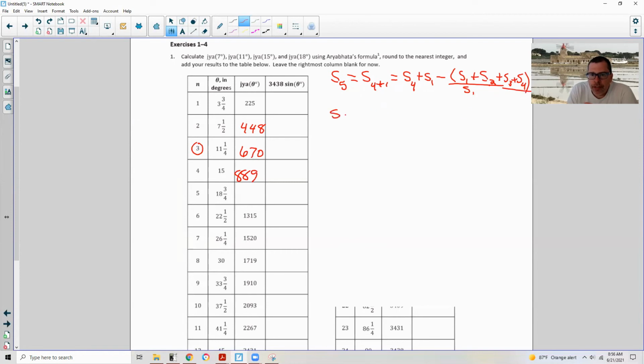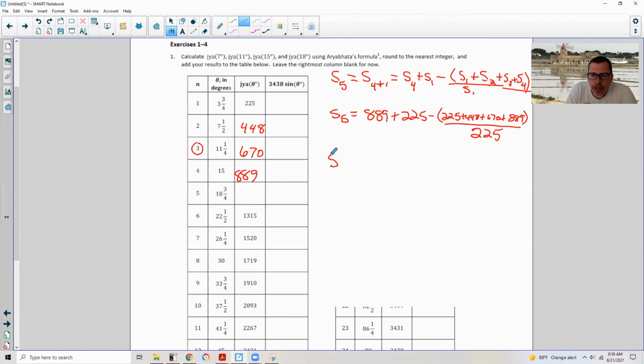So S sub 5 is going to equal S sub 4, 889, plus S sub 1 minus S sub 1 plus S sub 2 plus S sub 3 plus S sub n, divided by S sub 1.